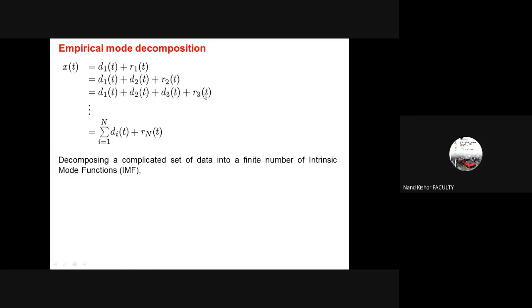So we do this iteratively until we are able to decompose several levels of IMFs, D1, D2, D3, D4, and so on up to N. So that means N levels of IMF we have decomposed, till you get a DC component finally, which you are able to achieve here. So with this, we actually decompose a complicated signal into a finite number of IMFs here.